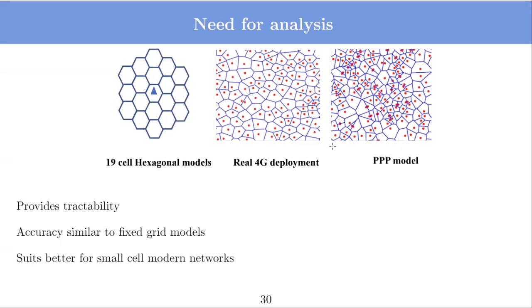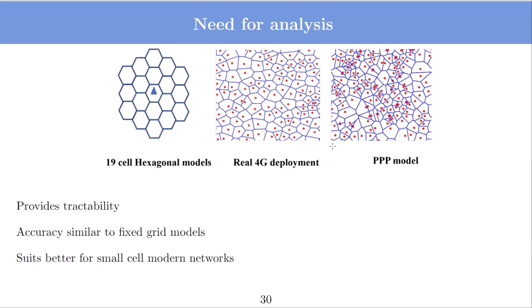And it has been found later on, with a huge amount of validation, that both models are as accurate as each other. Okay. You cannot say that either of them is not good. So stochastic geometry based models give you the same accuracy as the fixed models, but they give tractability also. Right. So there is one additional advantage: both have the same accuracy, but the PPP gives us tractability.